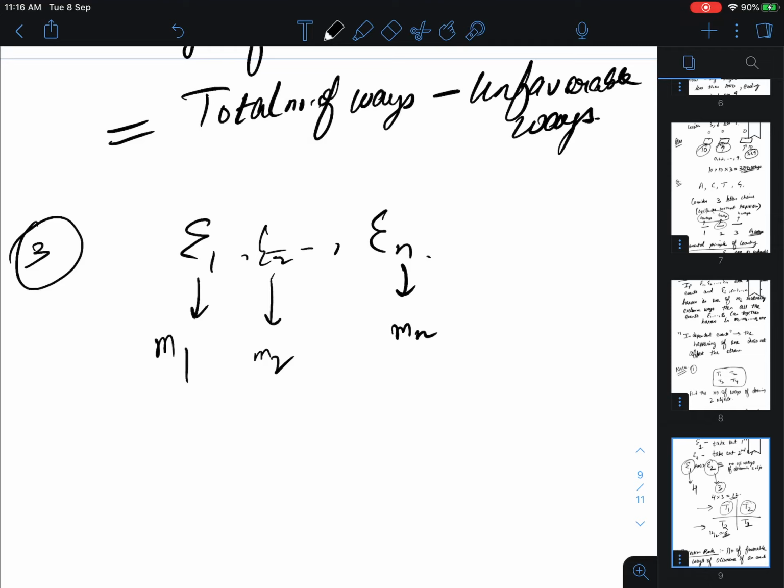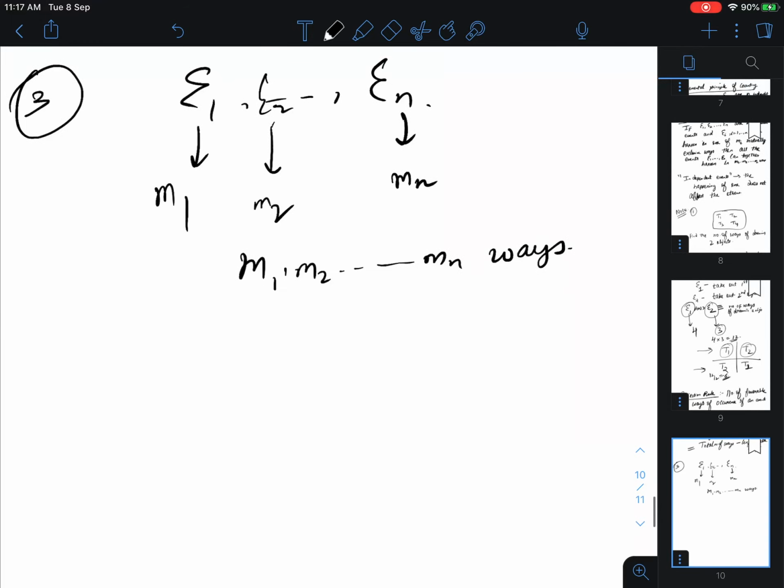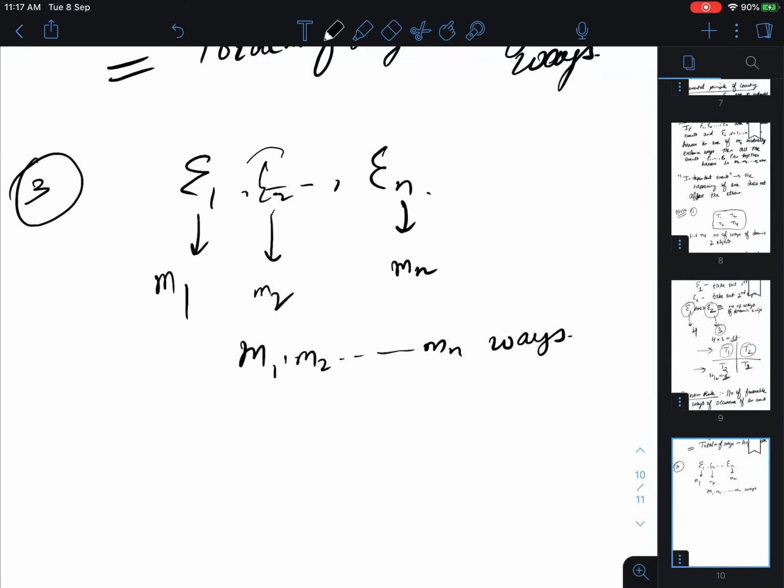The fundamental principle of counting says that if E1 till En are independent events, then all of them together can happen in M1 into M2 into Mn ways. Alright, but the question now is, what if the events are not independent? What if the choice that you make in E2 depends on what you have chosen in E1? What if that begins to happen?